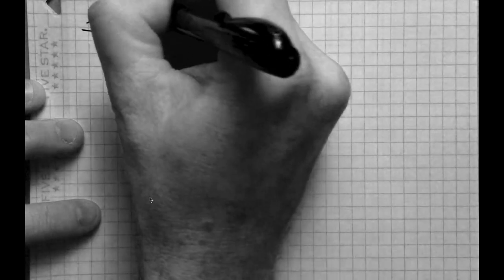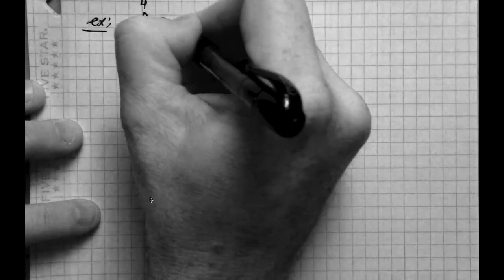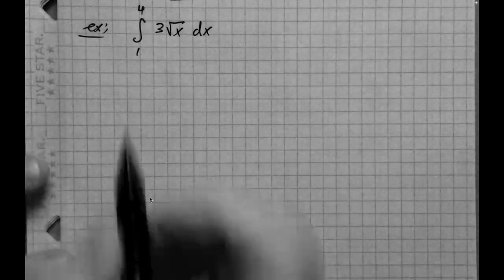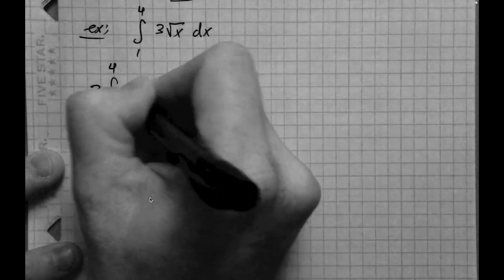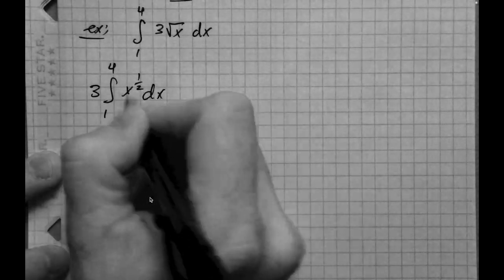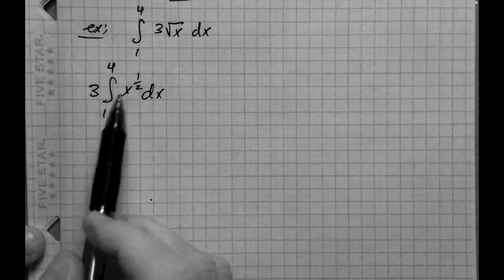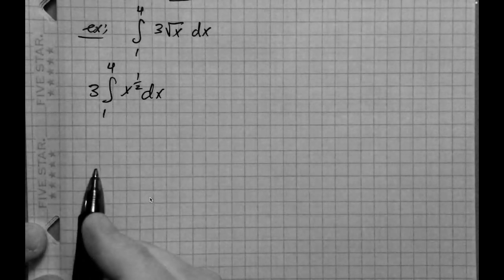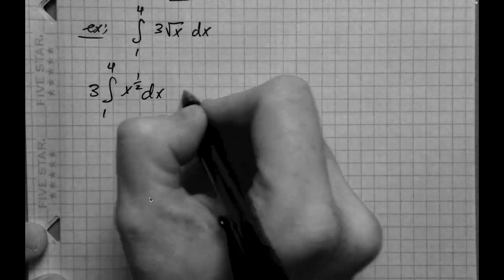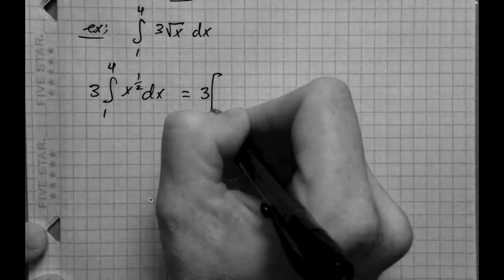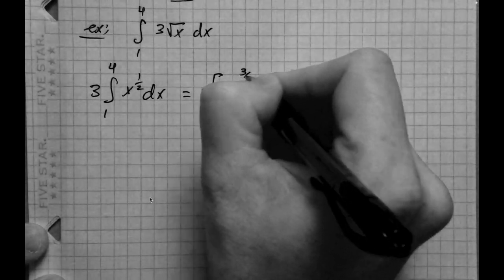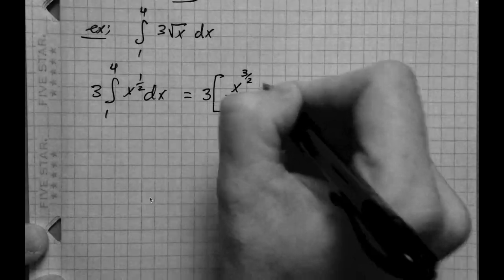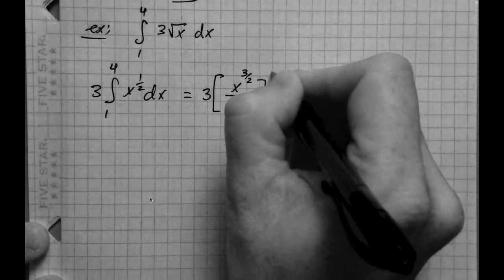Let's evaluate the integral from 1 to 4 of 3 times the square root of x. Okay. So similarly here, I'm going to pull out the constant, and then this is basically x to the power 1/2, which we can quickly evaluate. So this would be equal to 3 times x to the 3/2 over 3/2, evaluated from 1 up to 4, right?